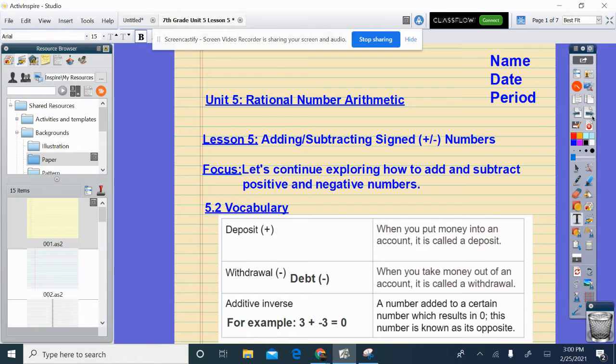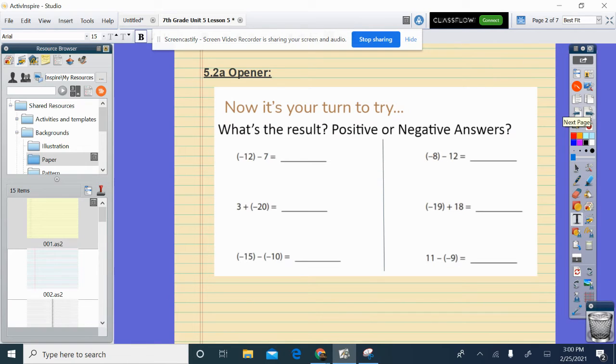Now, what we're going to do first today is, there's your opener that we had in class, and I would like to remind you that there is a Nearpod lesson you can go to and work on these also. I'm including this one just as a kind of explanation. What's the result, positive or negative answers?